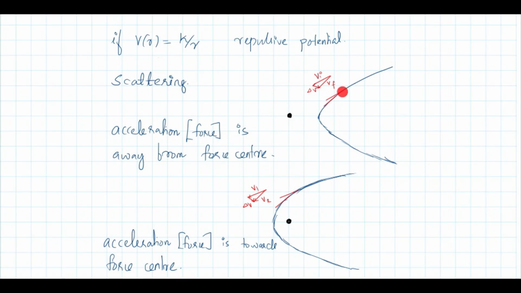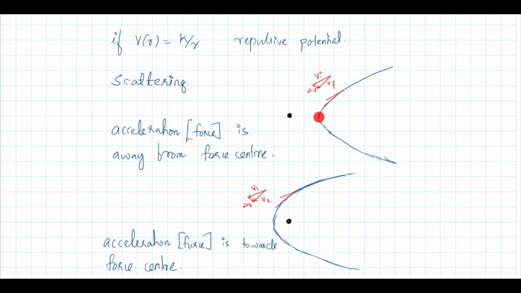If you look at the velocity vectors, this is the initial velocity, and after some time, this is the velocity. If you take the change, delta v, that will be something like this. So the acceleration will be in the direction of delta v, and it is away from the force center.